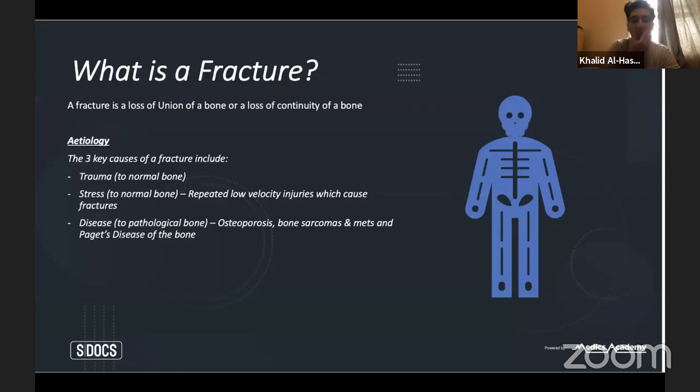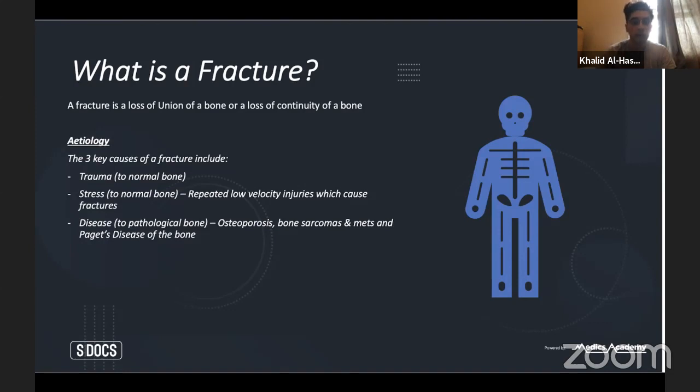What is a fracture? A fracture is a loss of union of a bone or a loss of continuity of a bone. So if there's any disruption to continuity of a bone, we refer to it as a fracture. There are 3 key causes to any fracture. The first one being trauma to normal bone. The second being stress, so repeated stressful forces or low velocity kind of forces, which are acting on the bone, causing fractures.